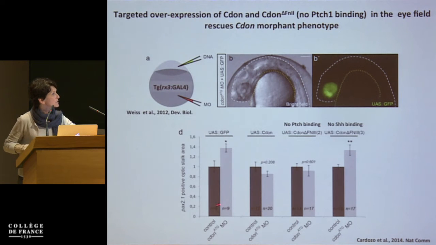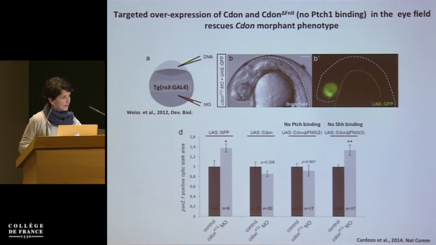And as you can see in this graph, the Kedon overexpression rescued the effect of the Kedon morpholino, and that is also observed when you overexpress the version of Kedon that lacks the patched binding site, but it doesn't occur so when the sonic binding site is missing.